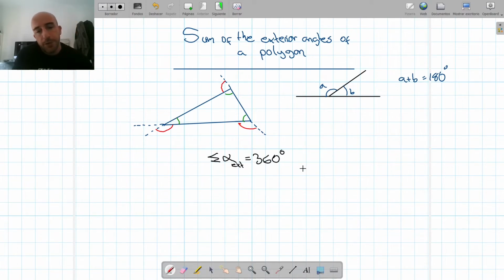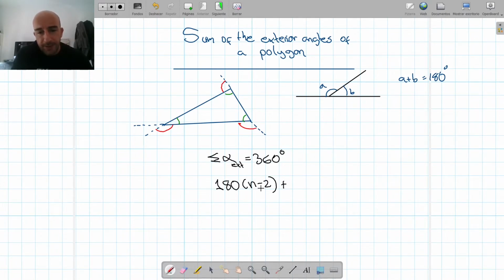And I'm going to show it to you mathematically. If you remember the video on the interior angles, the sum of the interior angles of a polygon was 180 times n minus 2, where n is the number of sides, okay? Each exterior angle with its interior angle adds up to 180, so we have n times 180.